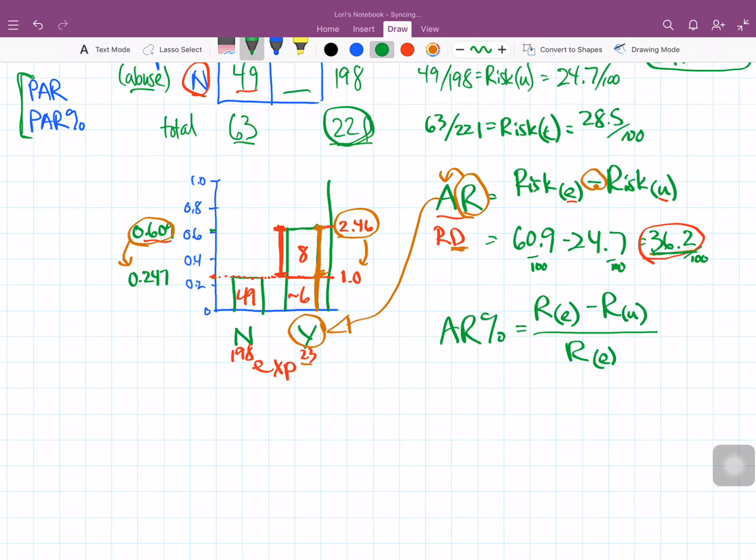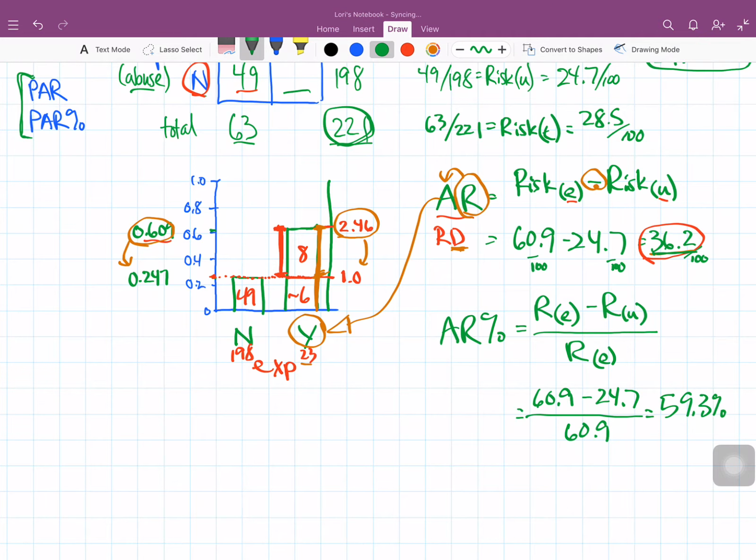So let's go ahead and put the numbers in. In this particular situation, we would add 60.9 minus 24.7 divided by 60.9, and this equals 59.3%, or 0.593.